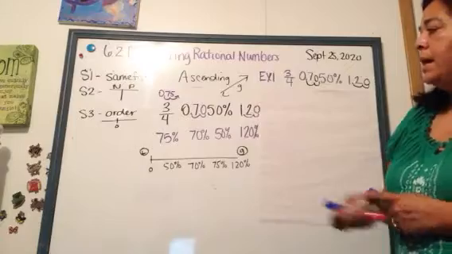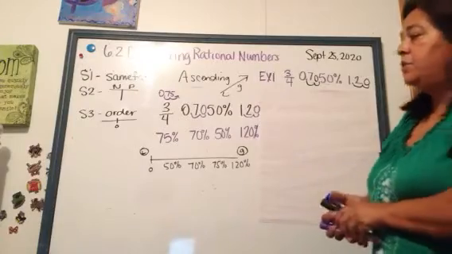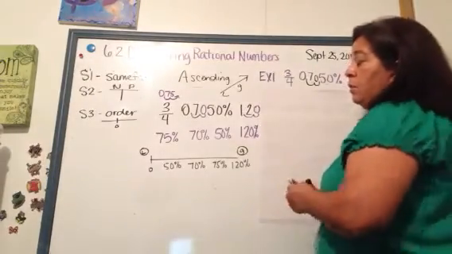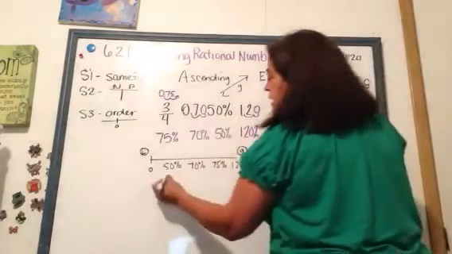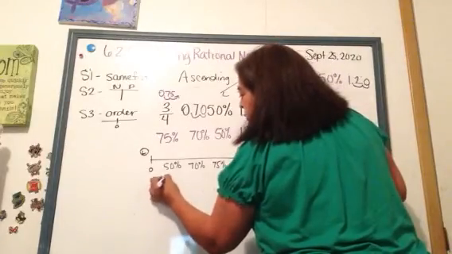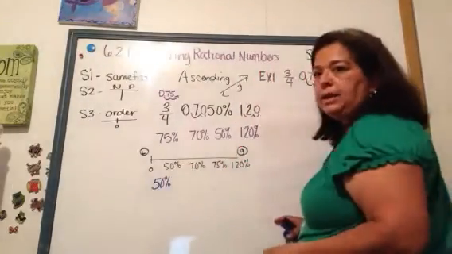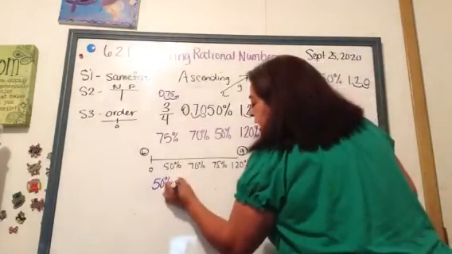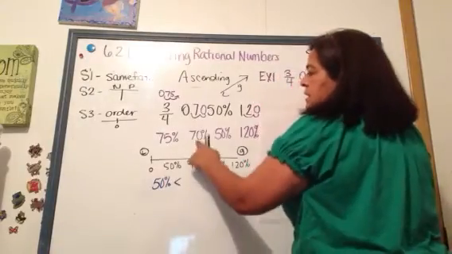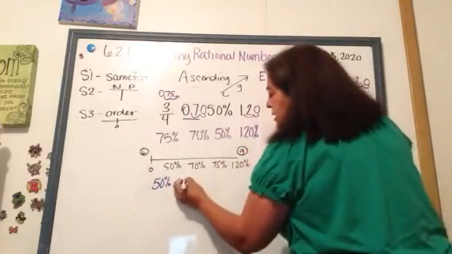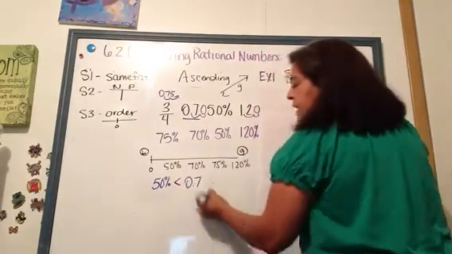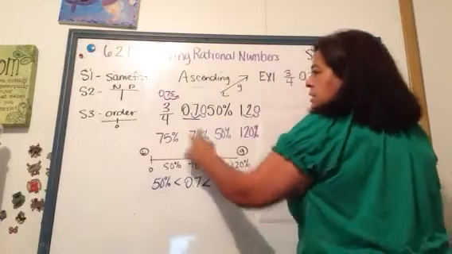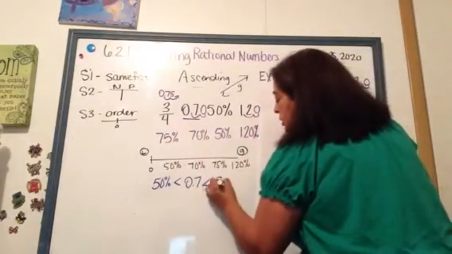When you are rewriting this, what I would like for you to do is change it back to its original form. So 50% is okay. 50%, and we're going to use the inequality sign. 50% is less than 70%. 70% was actually 7/10. 7/10 is less than 75%, which the original form was 3/4.